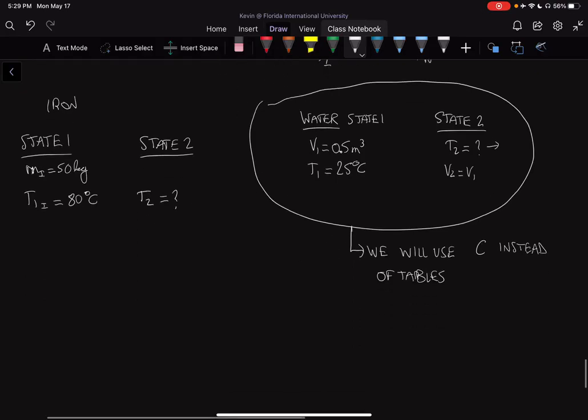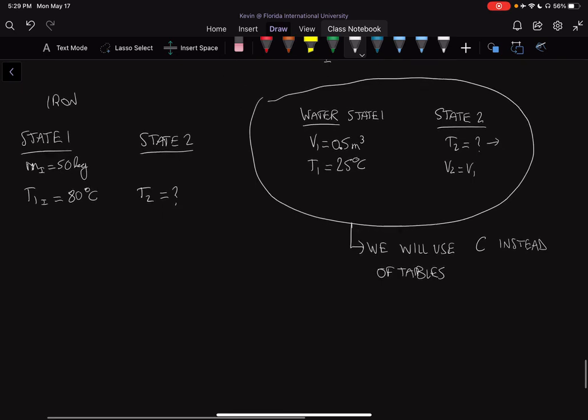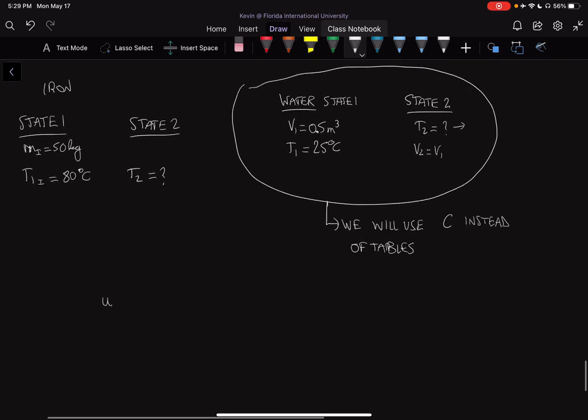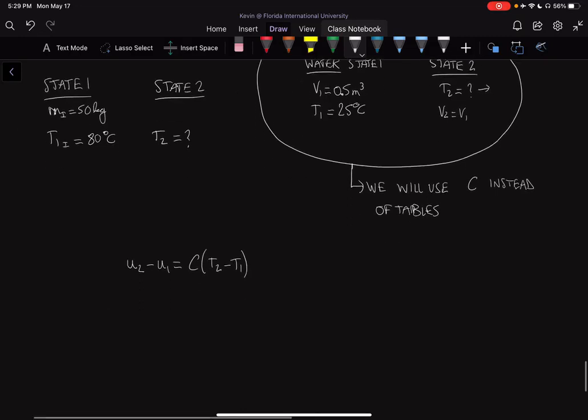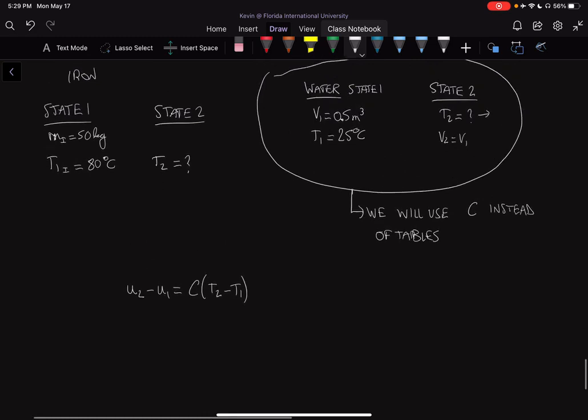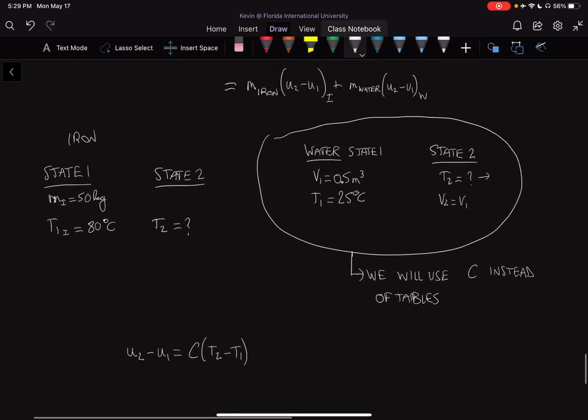So if you remember correctly, for solids and liquids, we have the definition that U2 minus U1 is equal to C times T2 minus T1. Okay, so we have this definition, and we can now plug it into our equation above.